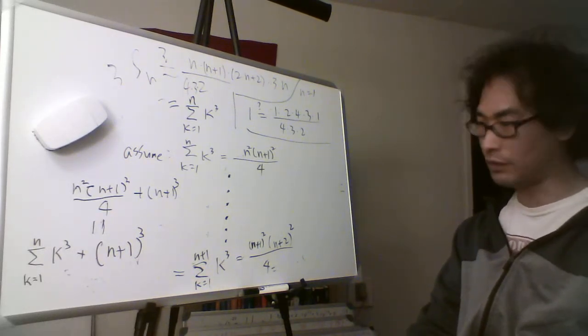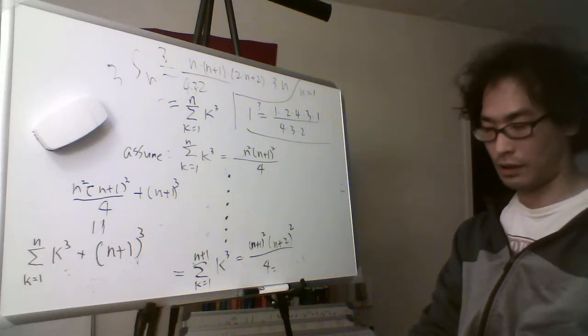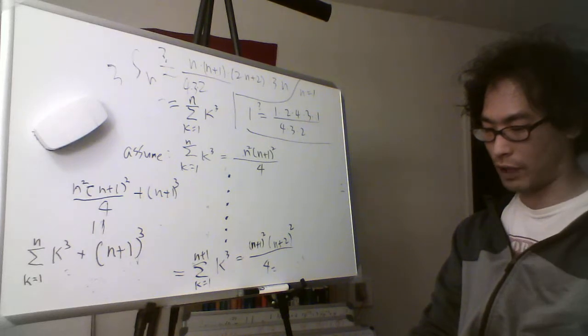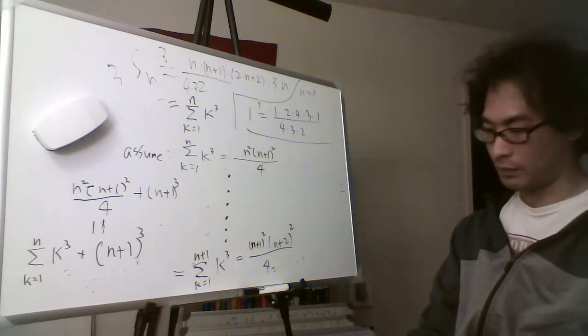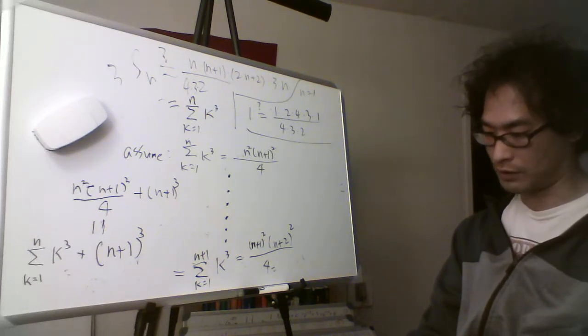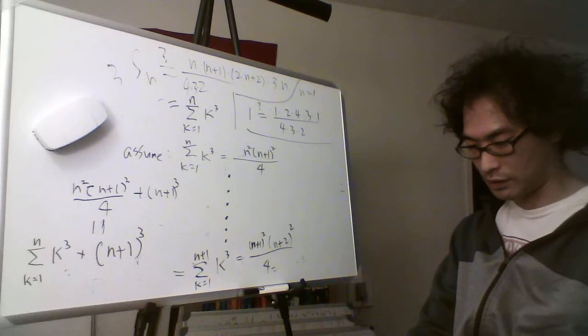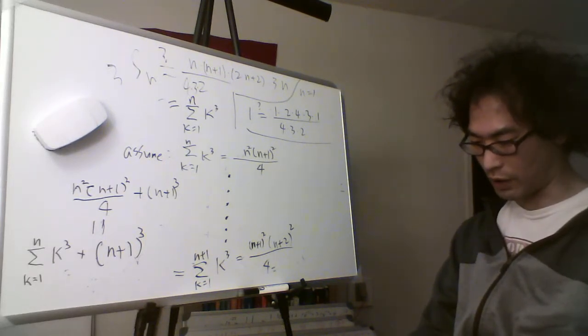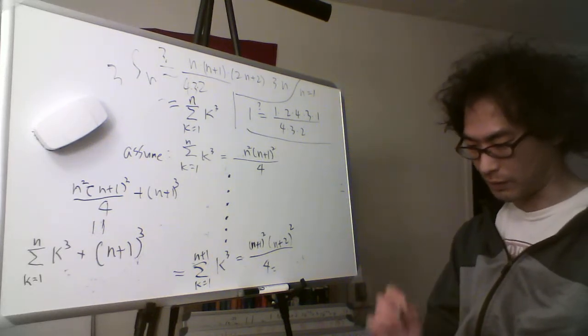Okay, so you have what? N squared multiplied by n squared plus 2n plus 1 over 4, plus n plus 1 times n squared plus 2n plus 1. Okay, so you can factor this, 4 downstairs. I'll share this with you after I'm done, so just be patient.